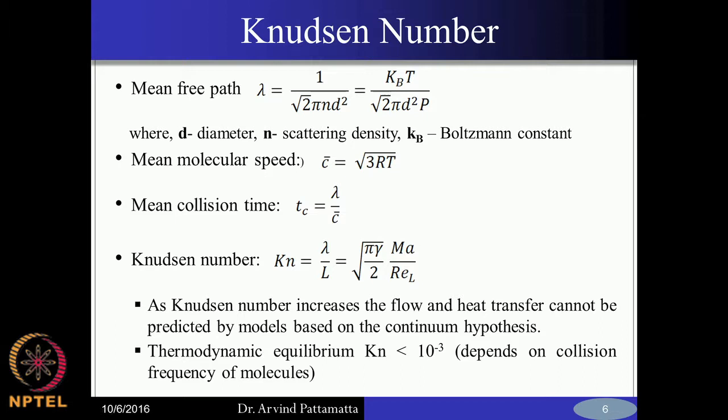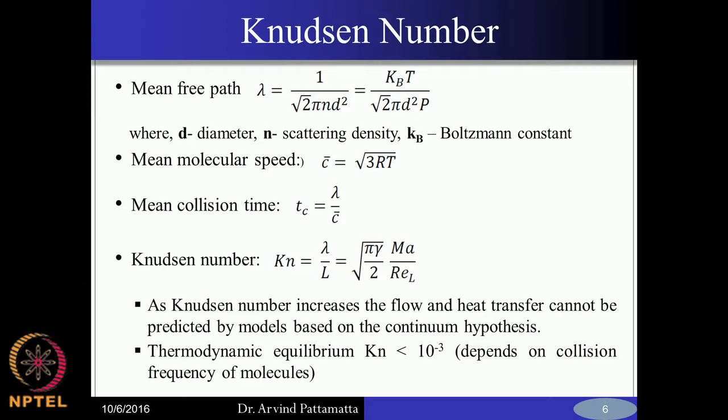Okay. Now you can also define the Knudsen number using the mean free path that we have derived. You can non-dimensionalize all of these parameters, and if you do that, you will find that there are two non-dimensional numbers coming into the definition of the Knudsen number. It simply turns out to be the ratio of Mach number to Reynolds number.